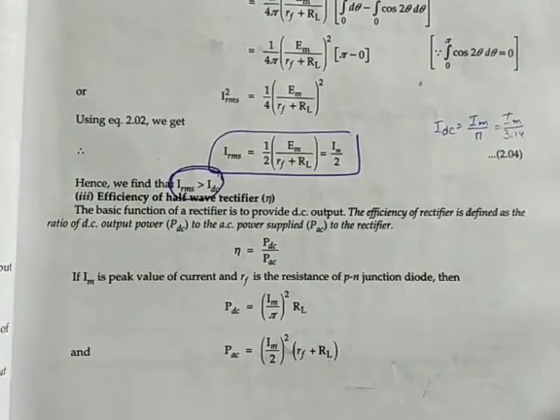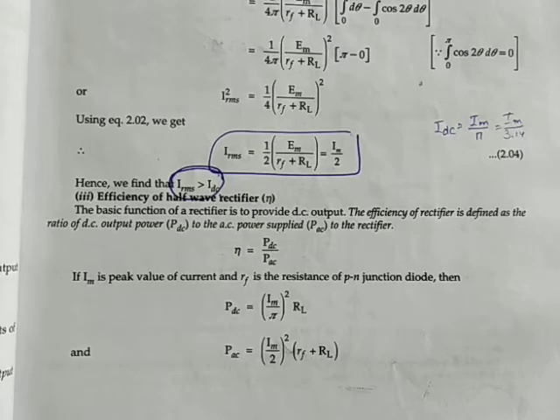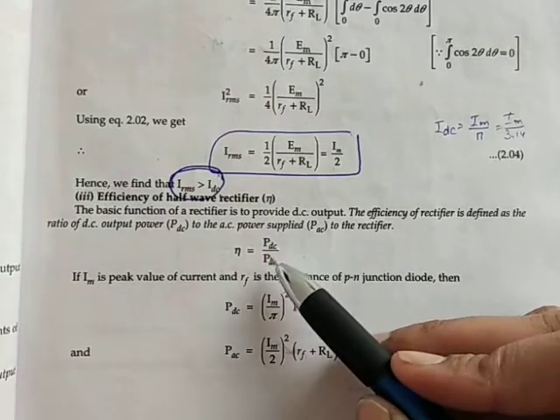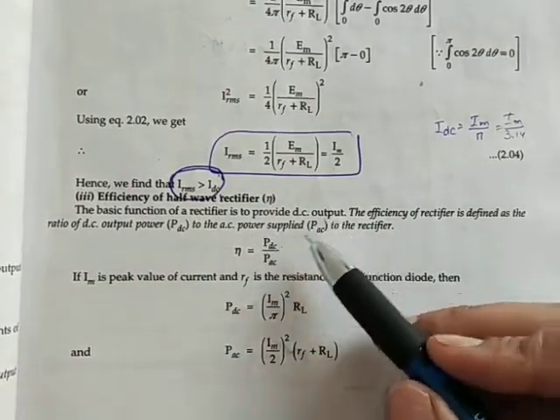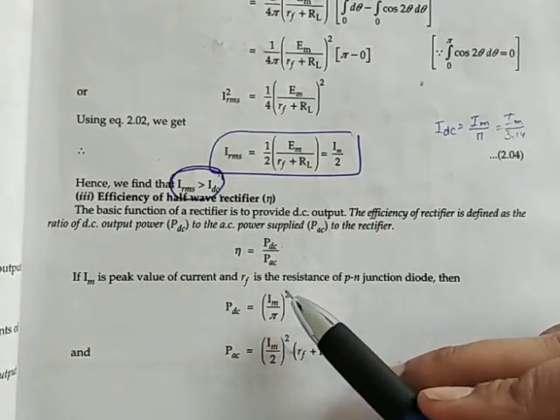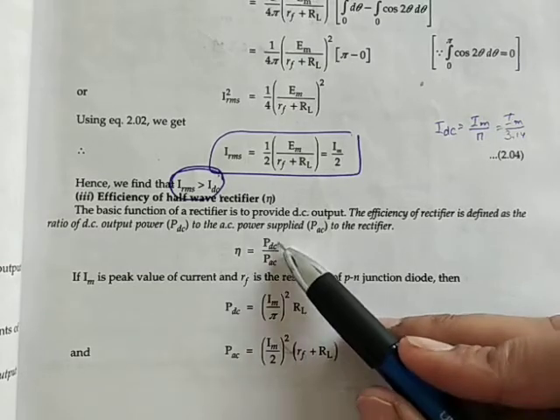Next is the factor to calculate the efficiency of half wave rectifier. Efficiency is basically defined as the ratio of output to input. The input you have given and the output you have obtained. So output is in the form of DC and input is in the form of AC. You know this because rectifier would convert AC to DC.